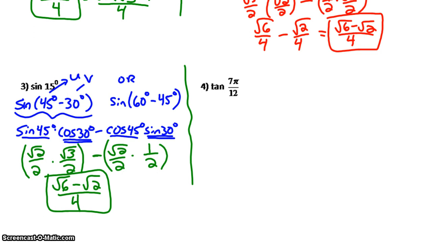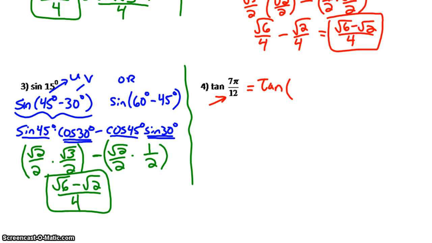Let's take a look at tangent 7 pi over 12. Once again, we have this 12 here in which we're going to use some form of our pi over 4, pi over 6, or pi over 3. In this case, I will rewrite this as a tangent. Well, momentary lapse in memory.